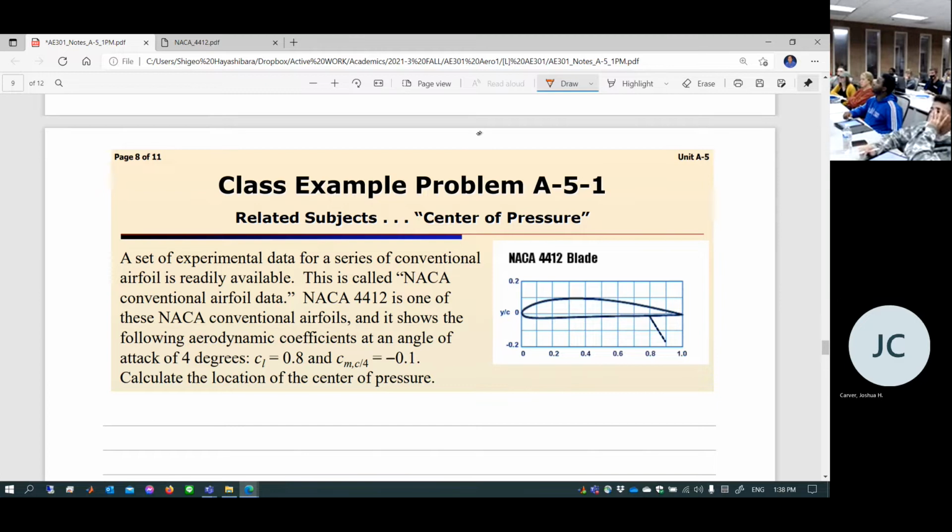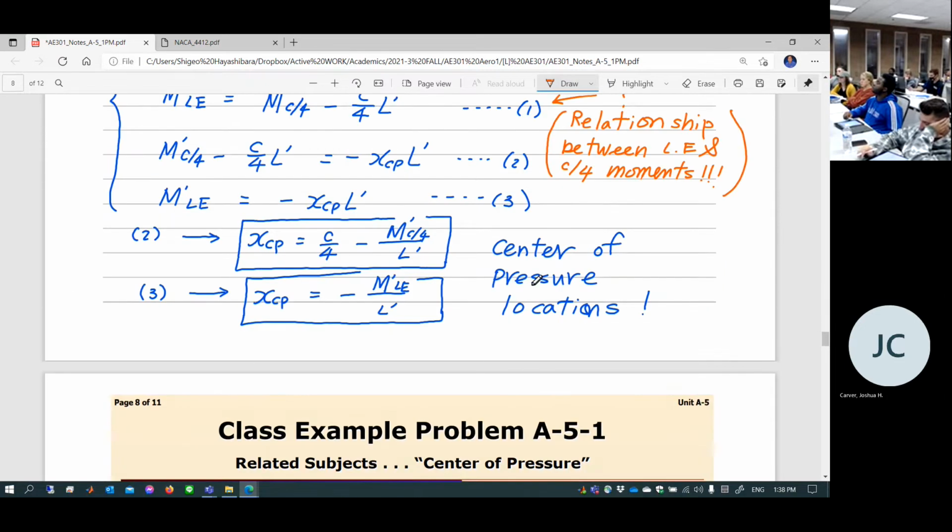Looks like quarter chord. Let's pick up the equations we got. Can we use those equations? One of those involves the quarter chord. Can we use this equation? Plug and check. What's the problem?